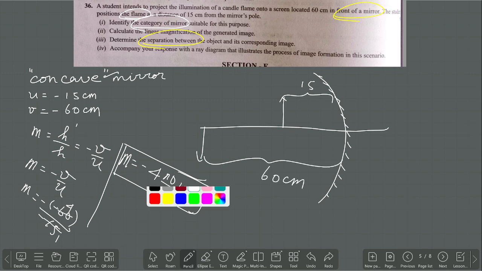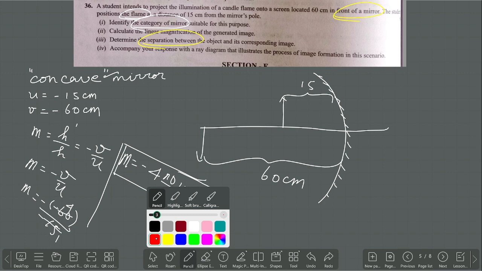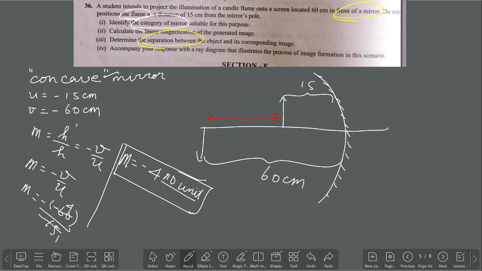They are asking what is the separation between object and image. How can we find it? 60 minus 15, that is going to be 45 centimeter. This is going to be the separation between the object and the corresponding image.